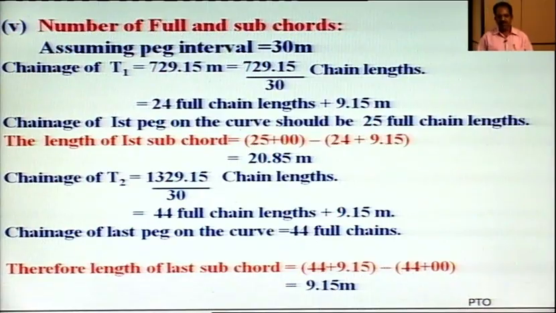Now, we have the chainage of T2 as 1329.15. Dividing by 30 gives the number of chain lengths of 30 meters each. So, it will be 44 full chain lengths plus 9.15 meters. So, the chainage of the last peg on the curve is 44 chains, and the last sub chord becomes 9.15 meters, answer number 5.